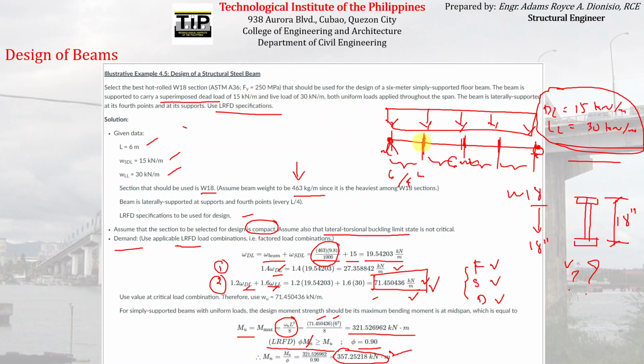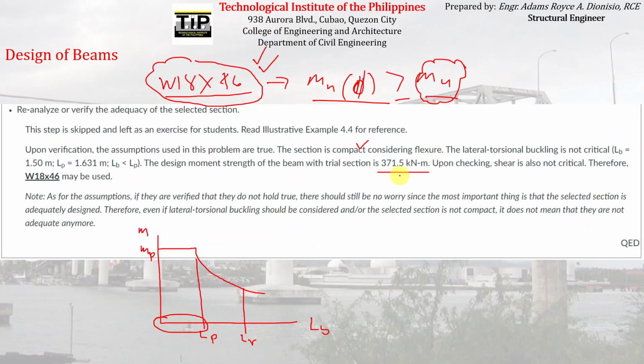Meaning, if we impose a superimposed dead load equal to 15 and live load equal to 30 kilonewton per meter on this simply supported beam, we can assure that the maximum bending moment produced by those superimposed loads will not exceed the moment capacity of the section here, which is equal to 371.5.